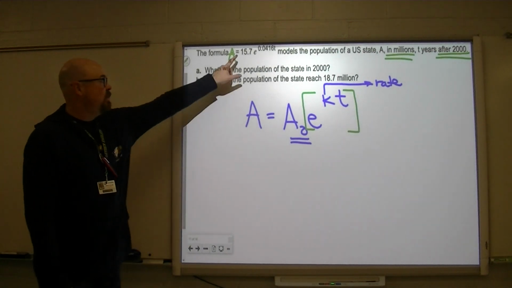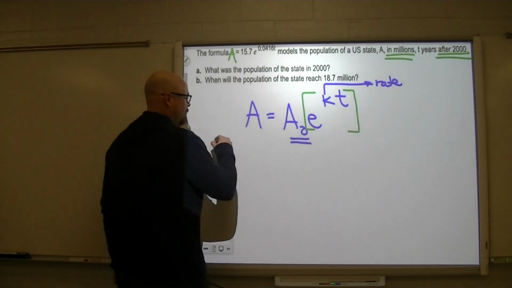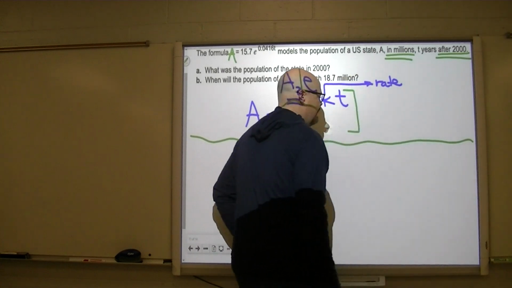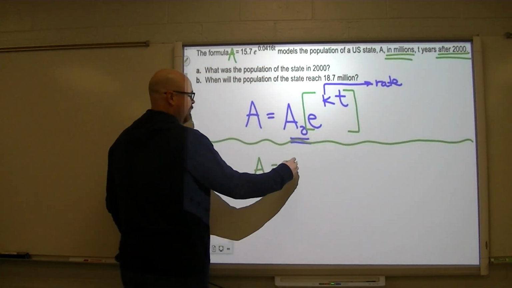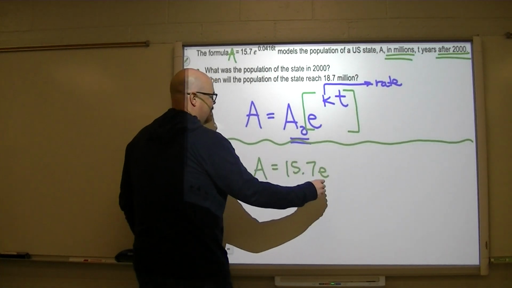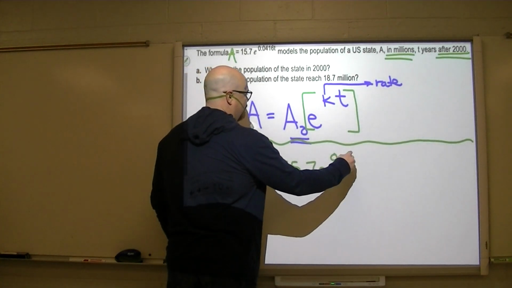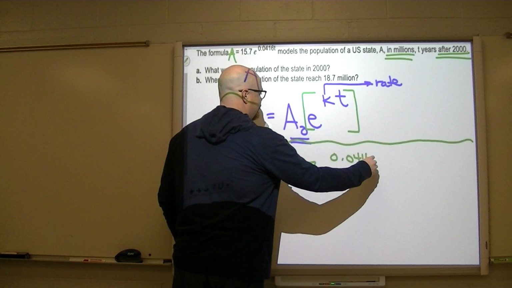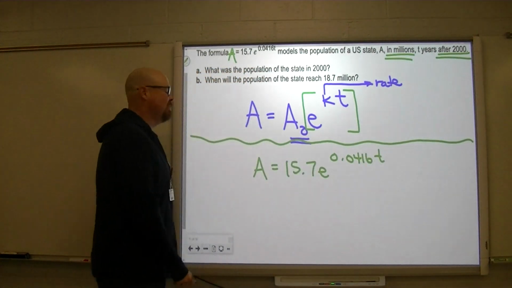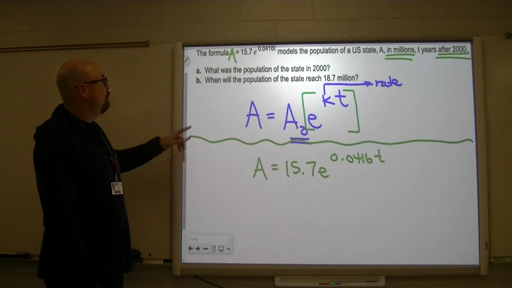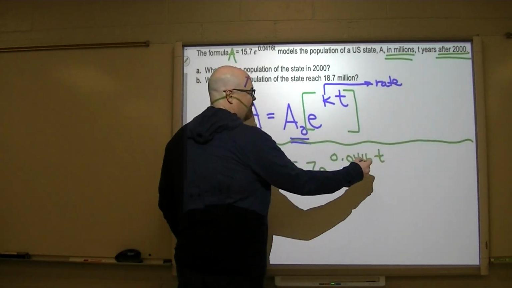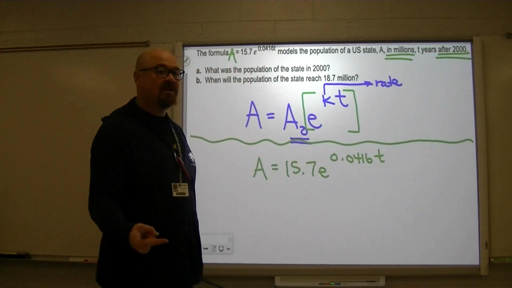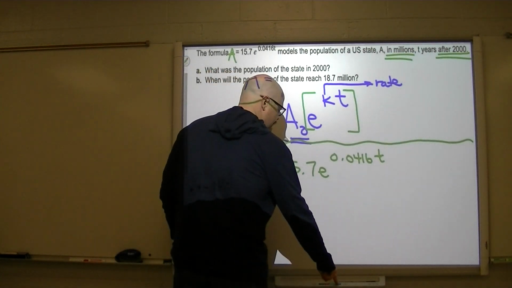Well, we can use this model here, and let's reset. Very specific to this problem, A equals 15.7 e to the 0.0416 t. When they ask what the population was in the year 2000, t represents the number of years after 2000.